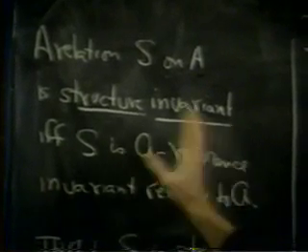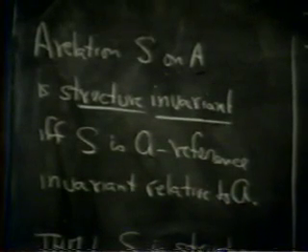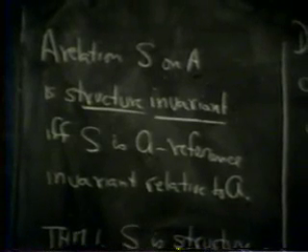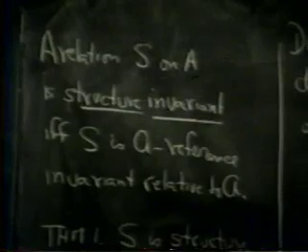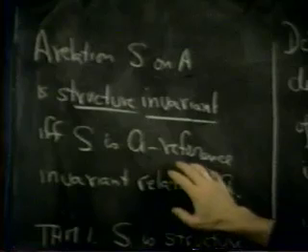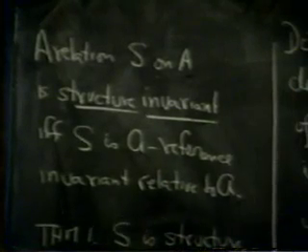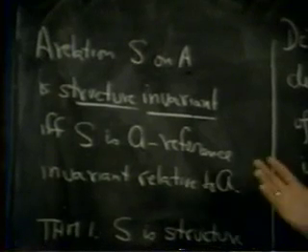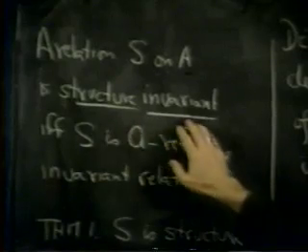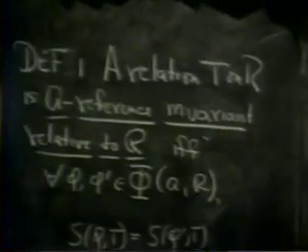Now, if these two notions were basically the same, there'd be no problem. However, it turns out that things are not quite that simple. We also have really two concepts of structure invariance to talk about. I've written here the definition in terms of the A space, but there's another definition in the R space, structure invariance of the relation T. And so we have really three distinct concepts: structure invariance in both of the relational structures and reference invariance between them.